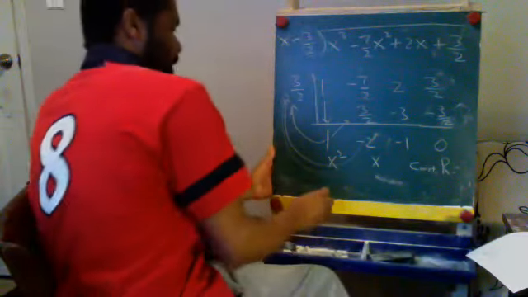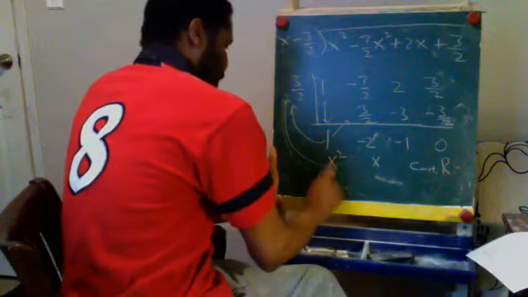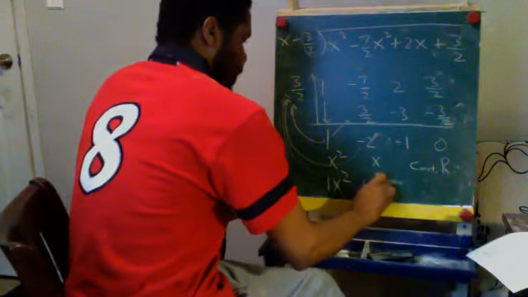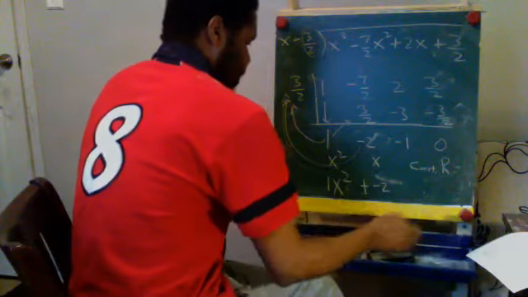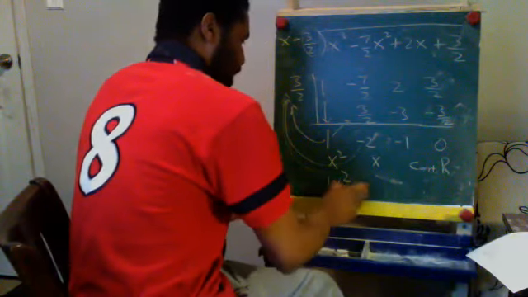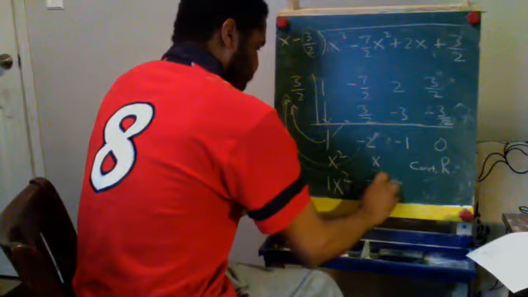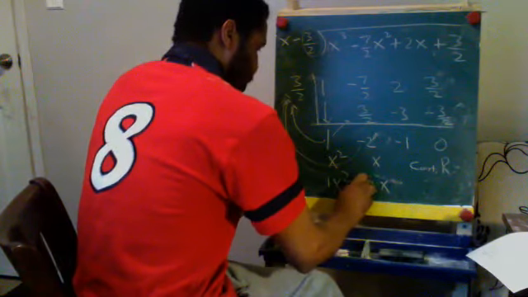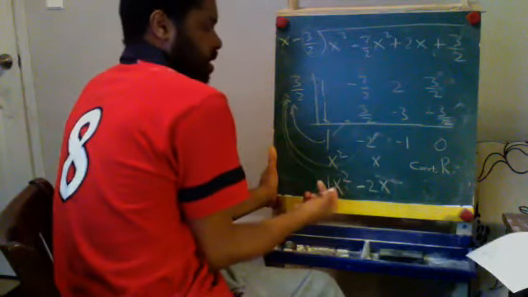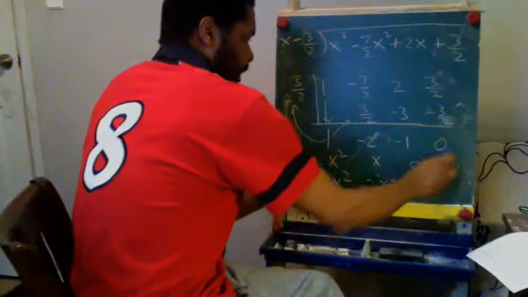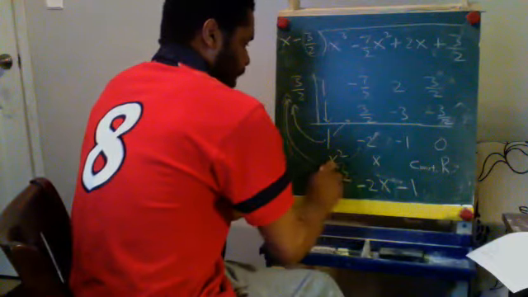So my answer is 1x squared plus negative 2x, which is just negative 2x, minus 1. And the remainder is 0, so I don't have to write that.